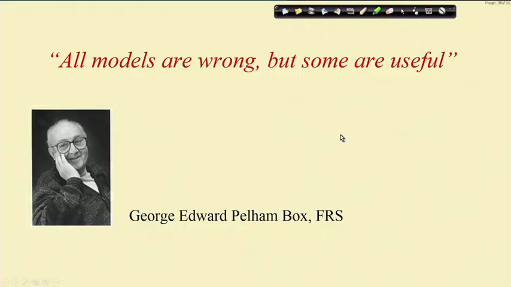Before we close, there is a famous quote by the mathematician George Box that all models are wrong, but some are useful. When we say a model, the very word says that we are dealing with an approximate system, right?